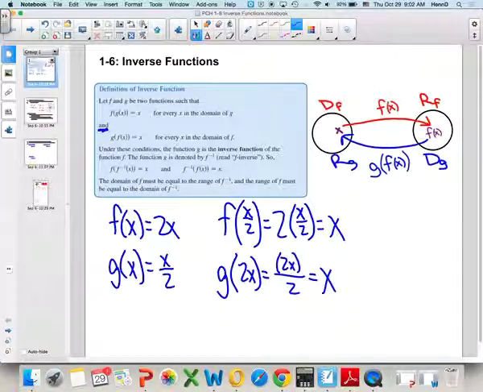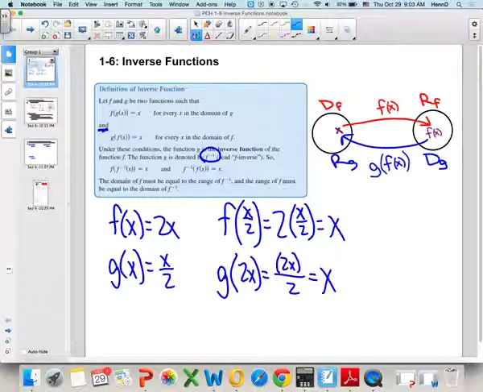Now, one piece of notation that we can see is this little -1 here. One thing you have to be careful about is to understand the context that you're looking at. That -1 is talking about an inverse function. It's not talking about 1 over something. It's not a reciprocal. It's not an exponent. It's actual notation for an inverse.